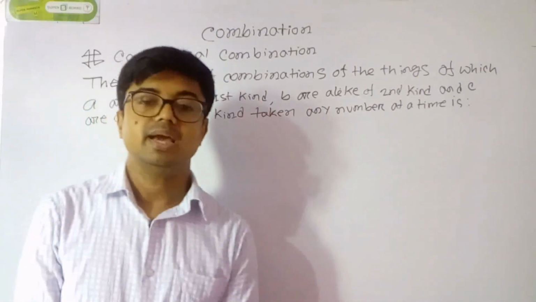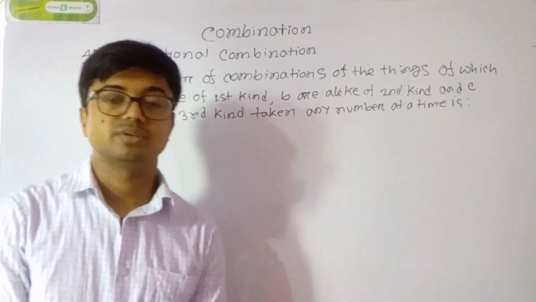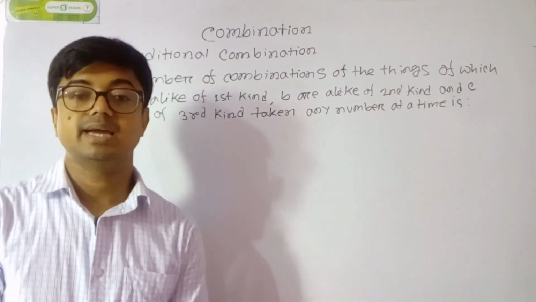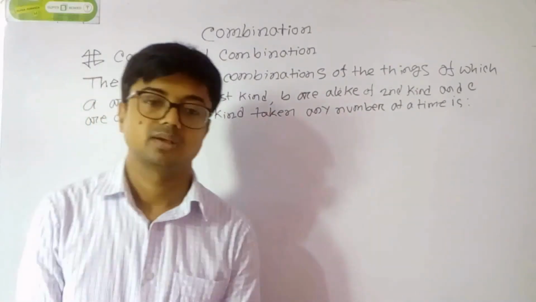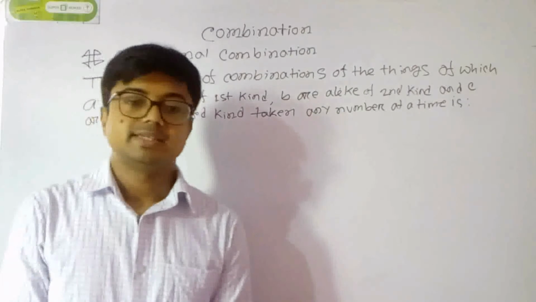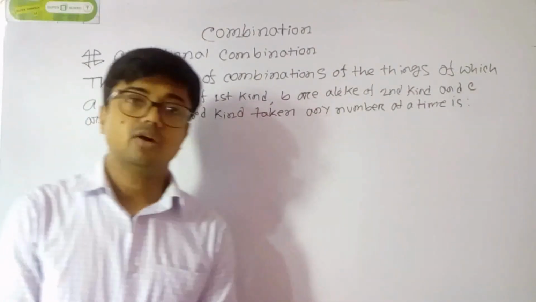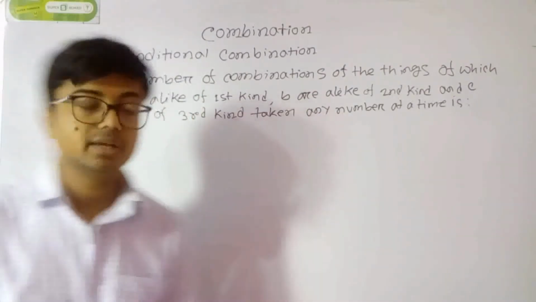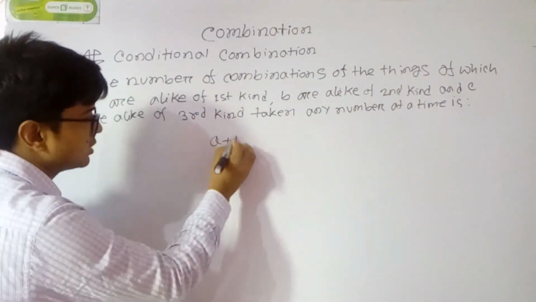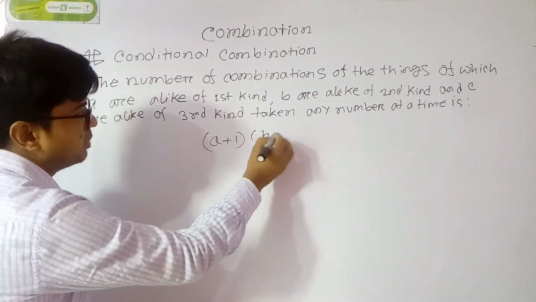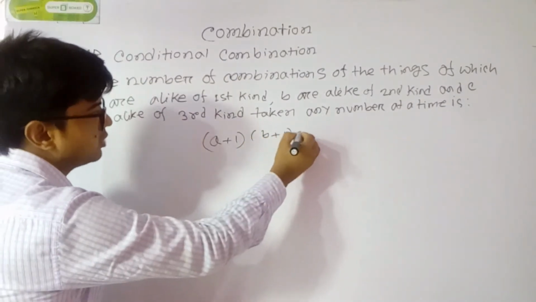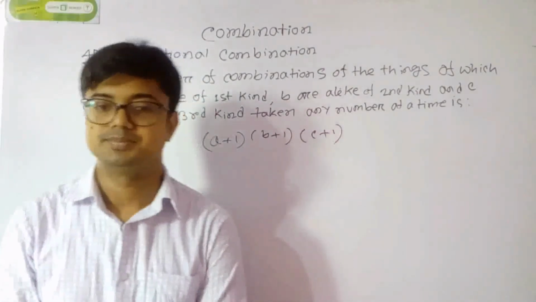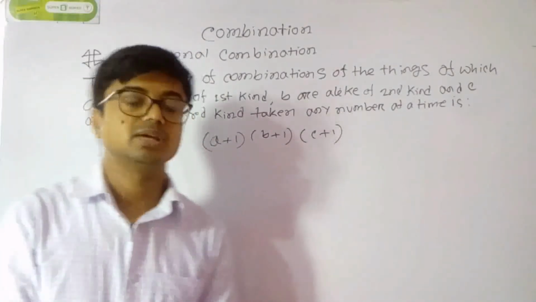Similarly, b and c things may be disposed of respectively in b plus 1 and c plus 1 ways. Taking all kinds of things together, they may be disposed of in (a plus 1)(b plus 1)(c plus 1) ways.